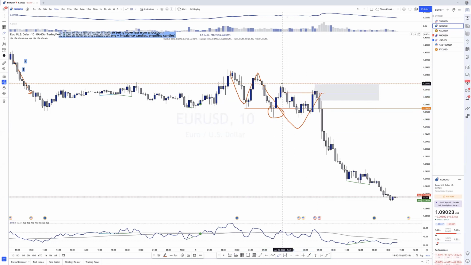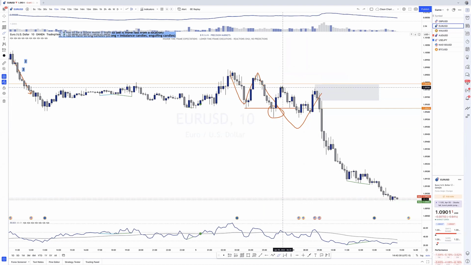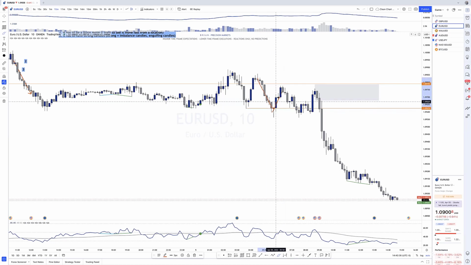So you could have taken this here, or I would have had another POI right here. Those would have been my two spots I'd have been looking at when price was coming up. But more than likely, I'm going to take this one simply because this is the extreme of the leg. Let me delete some of this stuff because it will be a little confusing. This was one leg down, one leg up, and I consider this all one leg down.